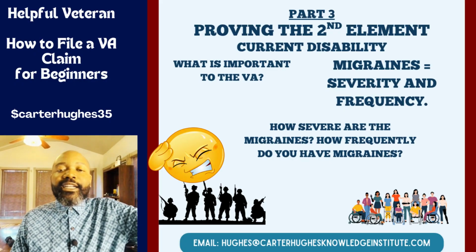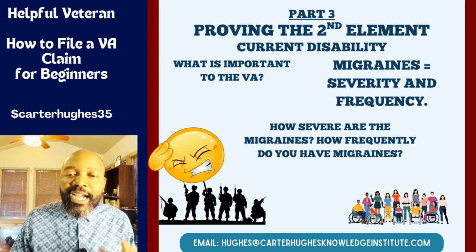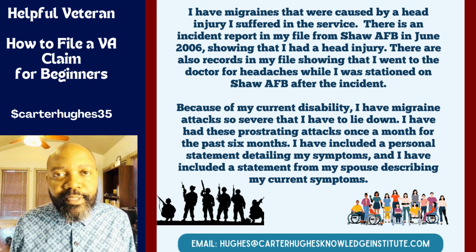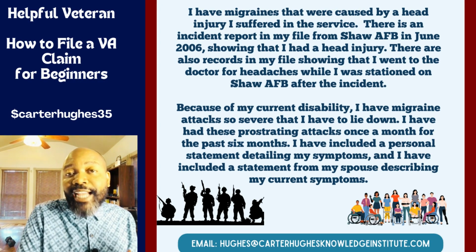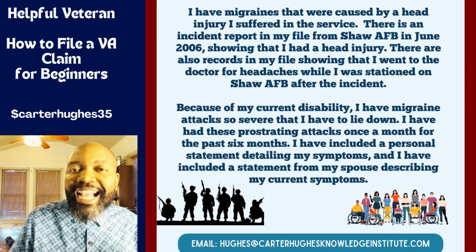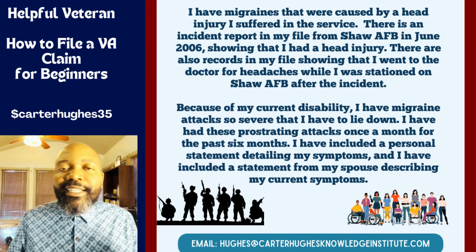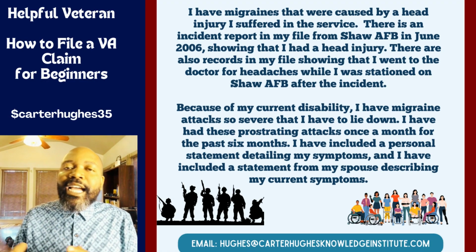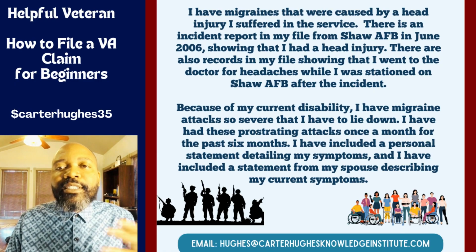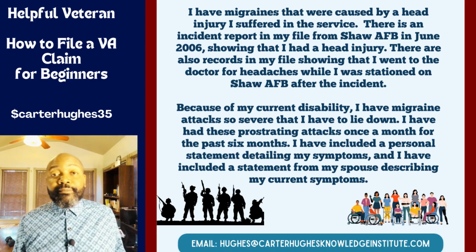So because of my current disability, I have migraine attacks so severe that I have to lie down. I have had these prostrating attacks once a month for the past 6 months. I have included a personal statement detailing my symptoms, and I have included a statement from my spouse describing my current symptoms. Come on now.